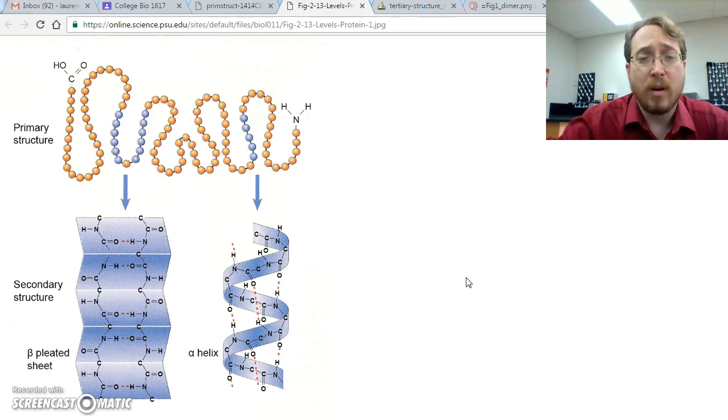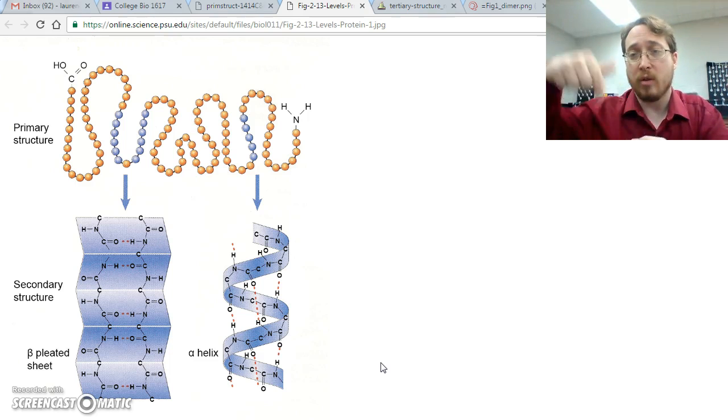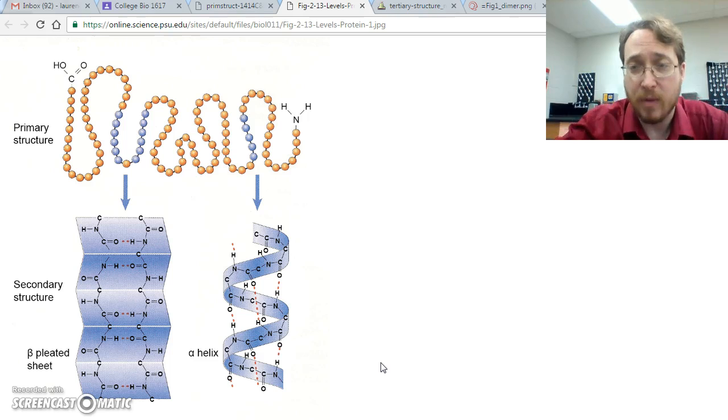The alpha helix is a spiral shape that comes from polar bonding between R groups of the amino acids, hydrogen bonding, at regular intervals. So if you've got polar amino acids at regular intervals, they'll be attracted to each other and it'll result in a spiral shape, and that's the alpha helix.